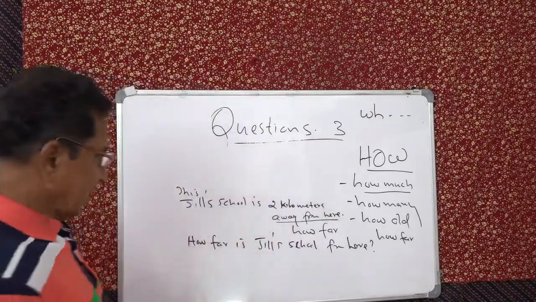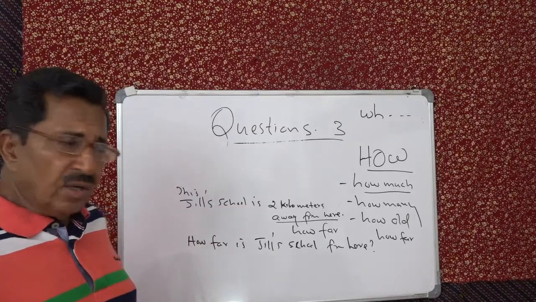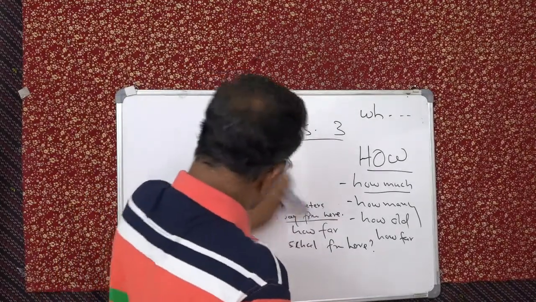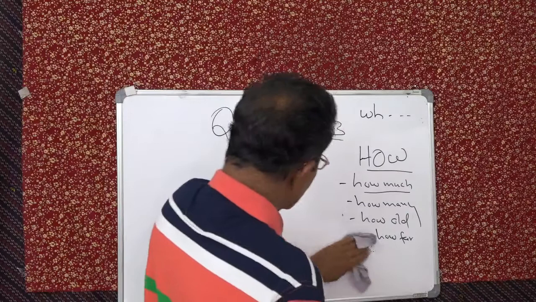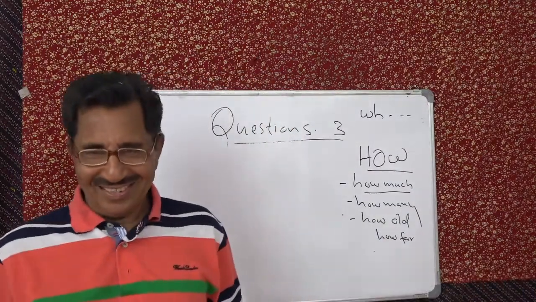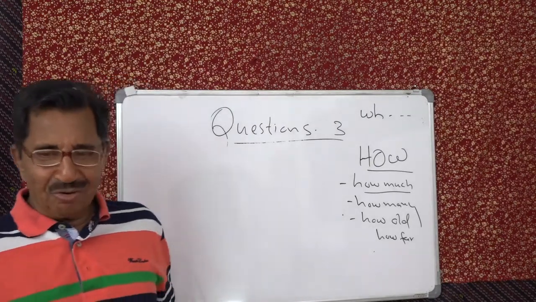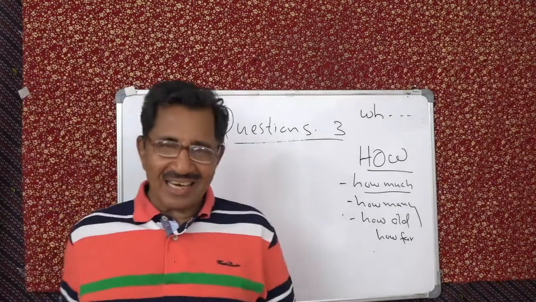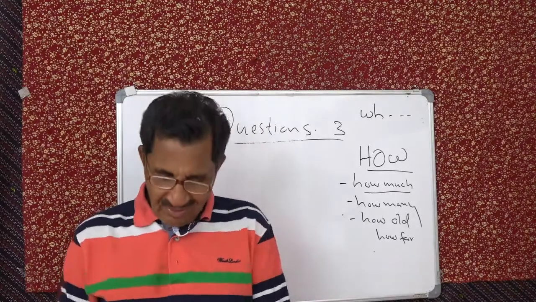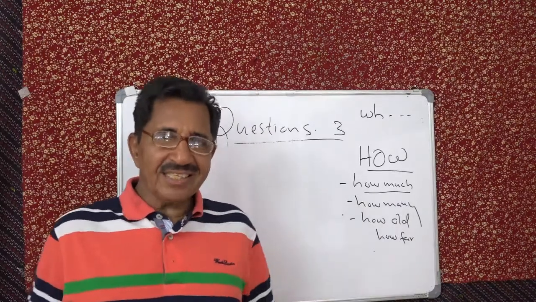So it's a distance. How far is the church? You need not always say how far is the church from here, so that from here is understood. Nobody asks questions like this: how far is the church from there? Such questions are not normally asked, isn't it? When normal people do it, it is understood to be here. How far is the school? That means from the point where I am standing. So how far? That is distance here.